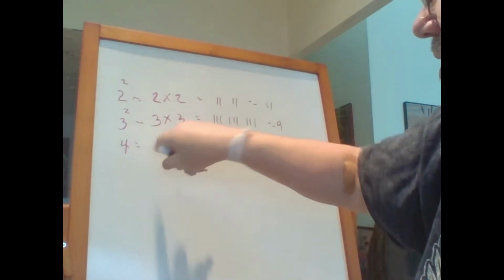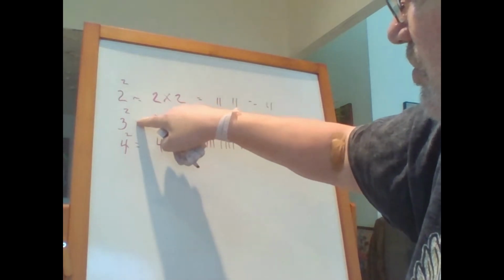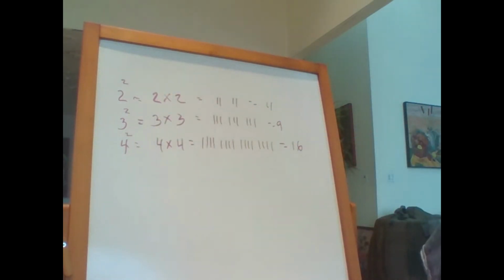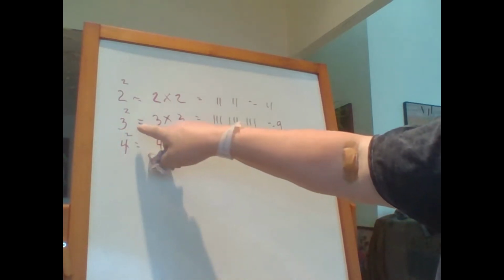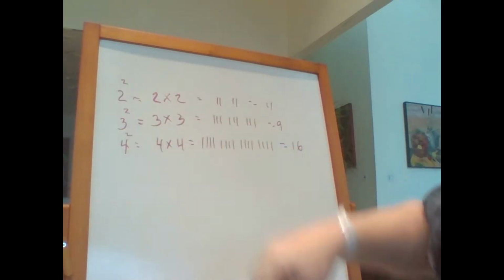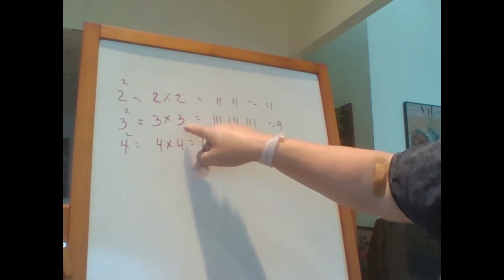Oops. That's a square. And this is an equal sign. So we have a special notation that we give to multiplying quantities of the same number of units.